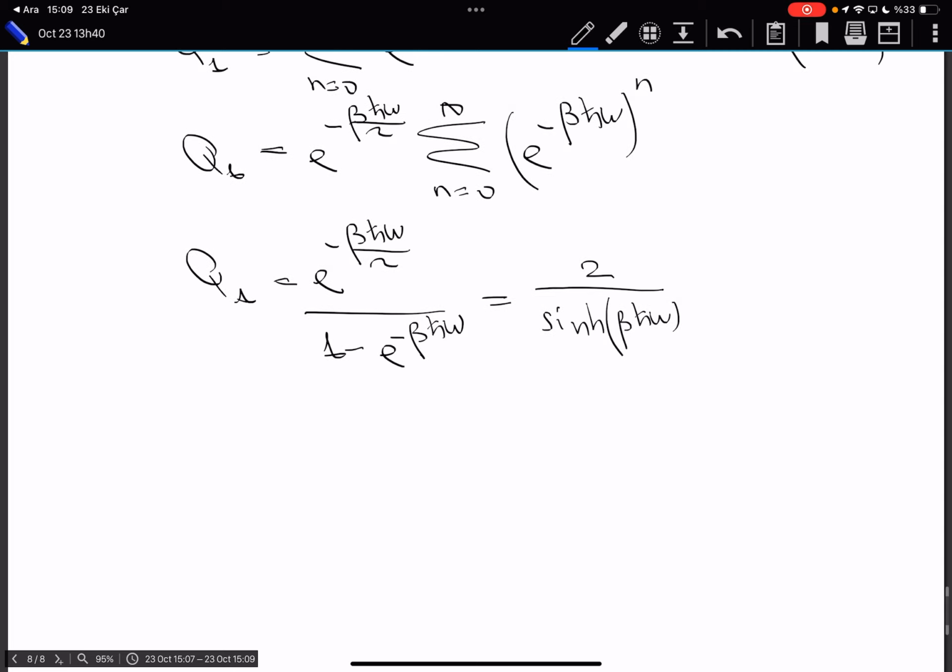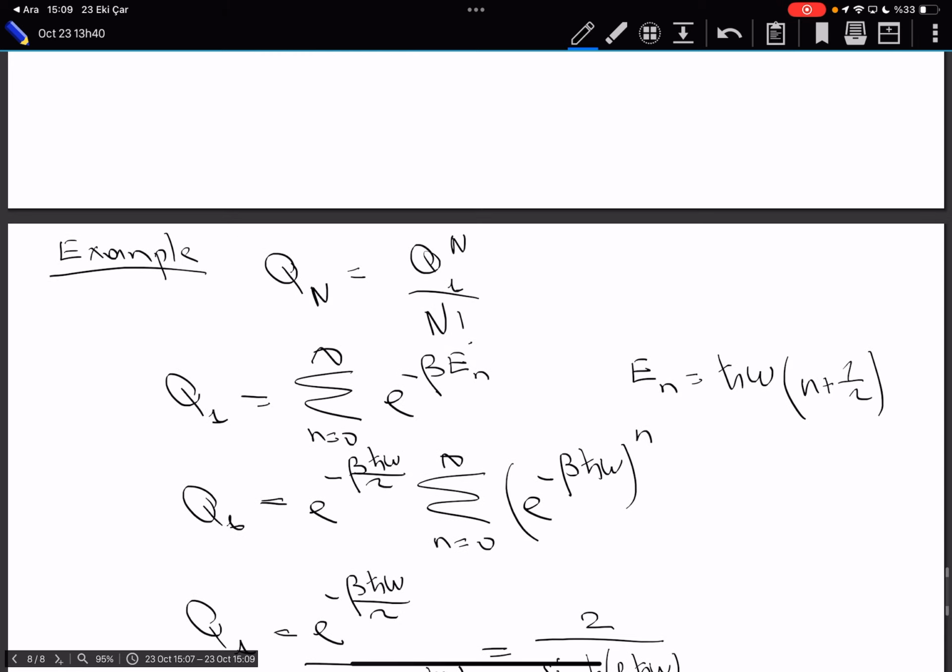Well, then Qn is Q1 to the n. For the harmonic oscillators, there is no 1 over n factorial. Why not?